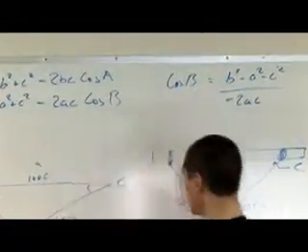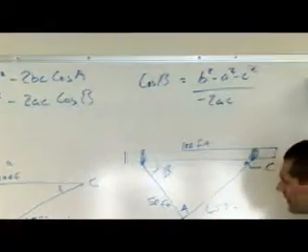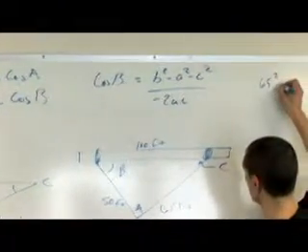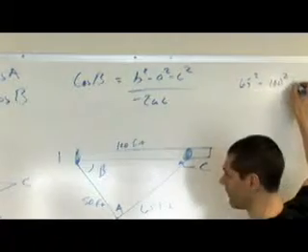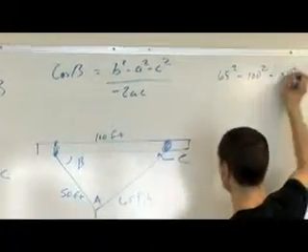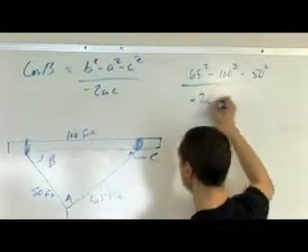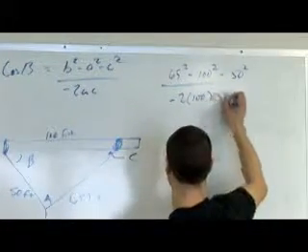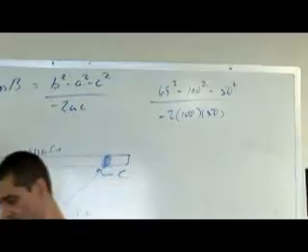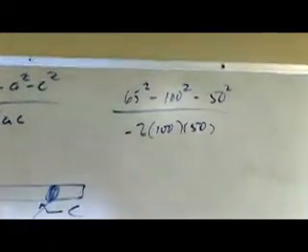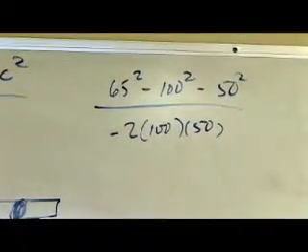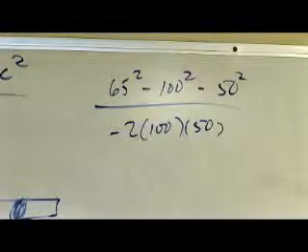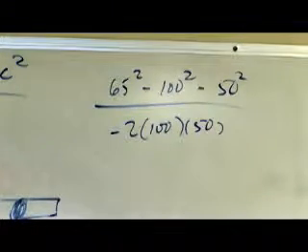So let's plug and chug. I guess I'll write this up. So this is 65 squared minus 100 squared minus 50 squared, divided by minus 2 times 100 times 50. Okay, and I'm just going to do the pieces separately. The top will be 65 squared minus 100 squared minus 50 squared.